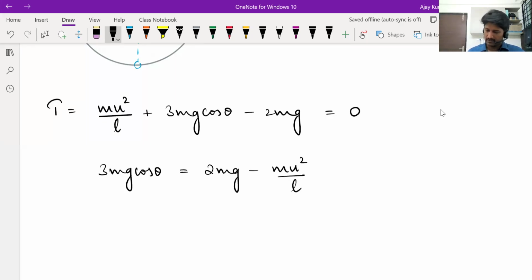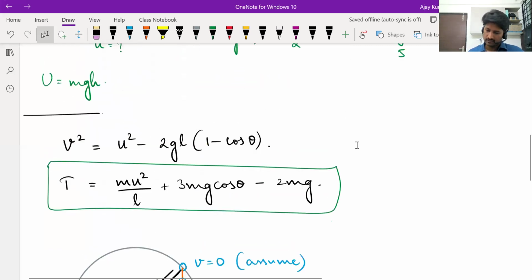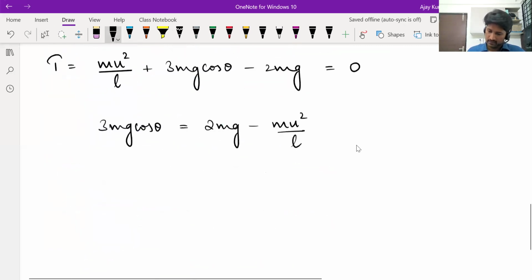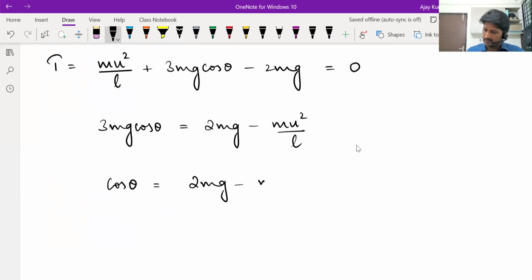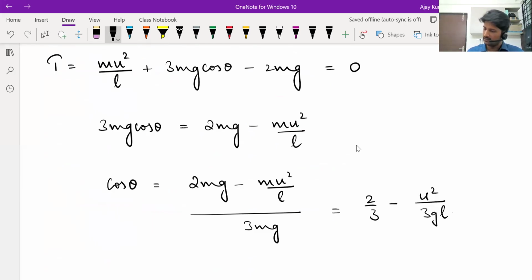That means cos theta should become 2 mg minus mu square by L, whole divided by 3 mg. That becomes 2 by 3 minus, m gets cancelled, you will be left with u square by 3gl. So depending on the initial speed u, this is the angle where tension becomes 0.